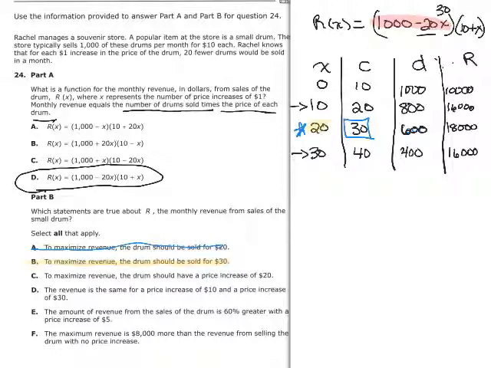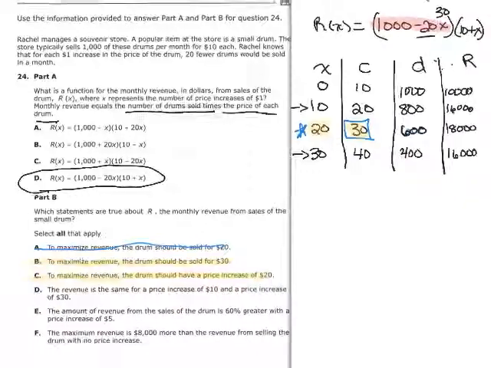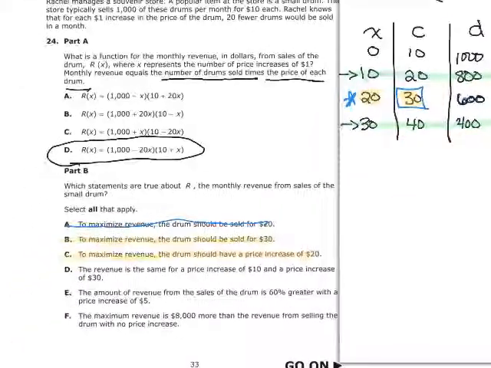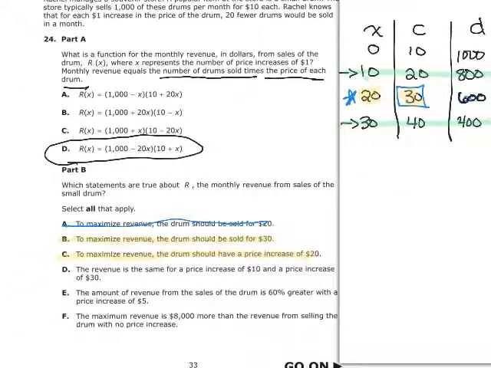Again, that is exactly what we're looking for. So B and C work for us. Then the revenue is the same for a $10 increase and a price increase of 30. It isn't our max, but it is the same for both. If we increased by 10, we get 16,000. If we increased by 30, we get 16,000. So D also works.